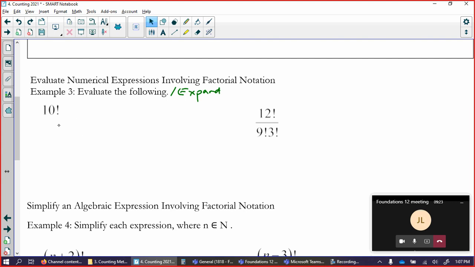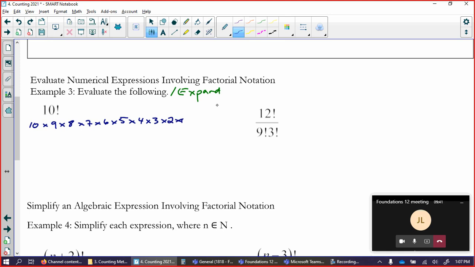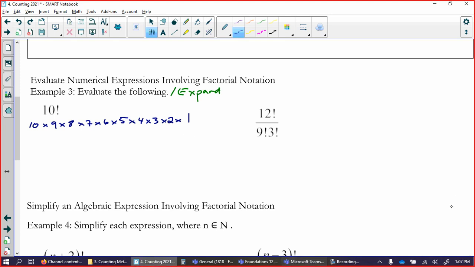If I'm looking for, hey, evaluate the following, 10 factorial, well, we're going to talk about simplifying down below.